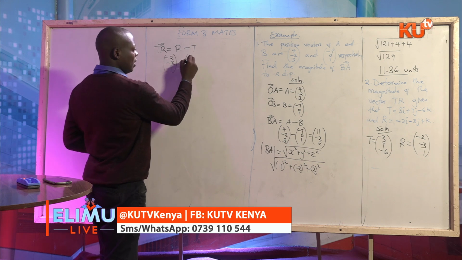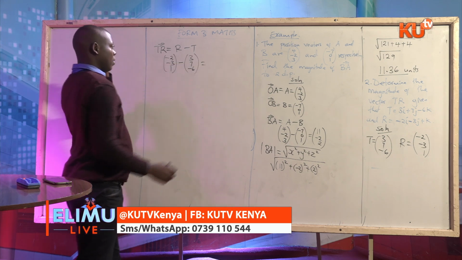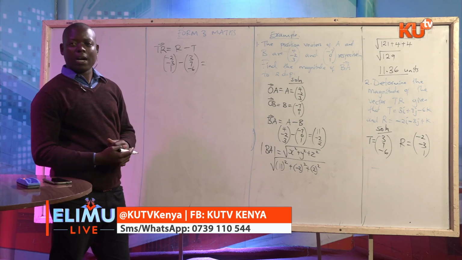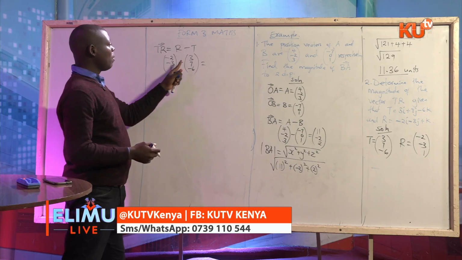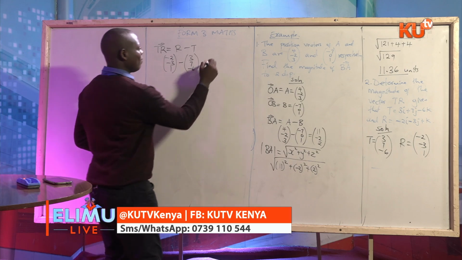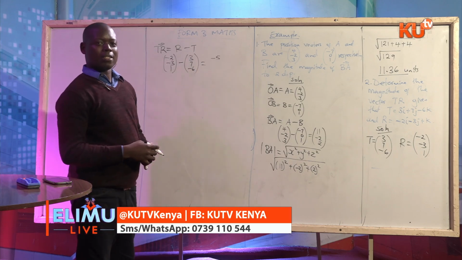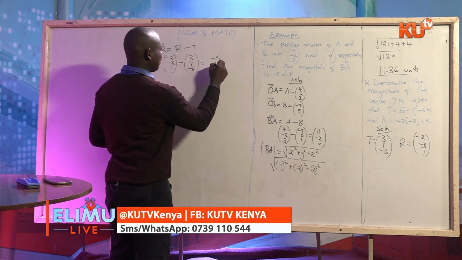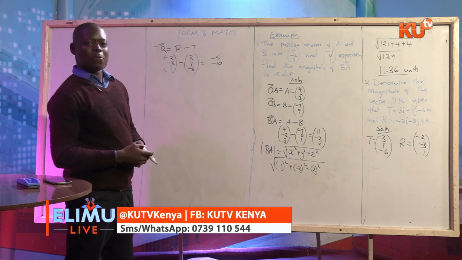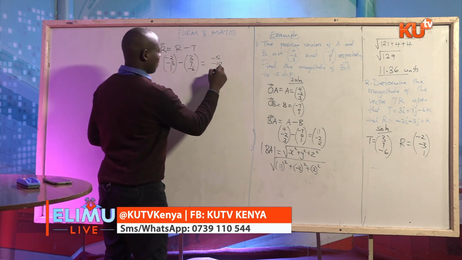It is 3, 7, and negative 6. Now, what do we work out together? Negative 2 minus 3, negative 5. Next, negative 3 minus 7, negative 10. What about 1 minus minus 6? Good, that will be 7.